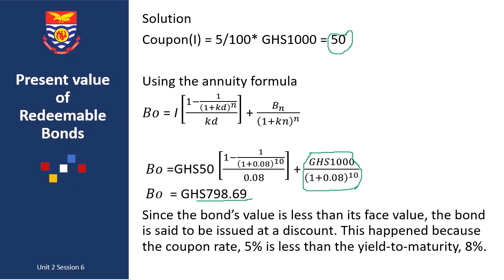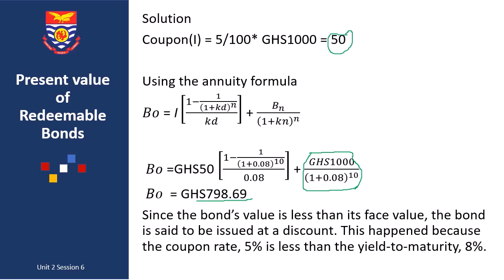So at the end the price of the bond is what? 798.69, but the face value was 1,000 Ghana cedis. What's happening? Do you understand? The price of the bond is rather lesser than the face value.